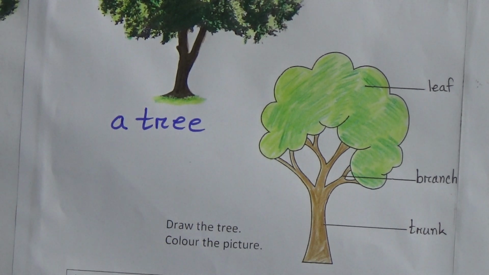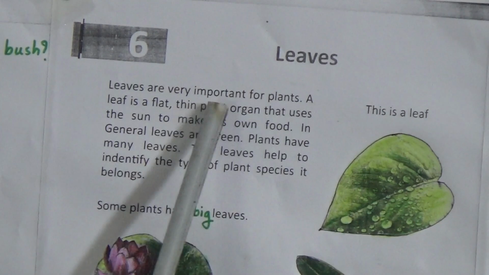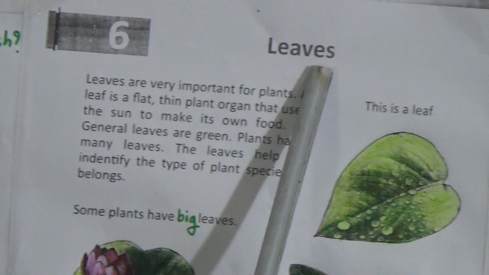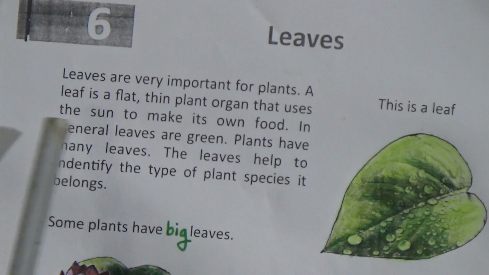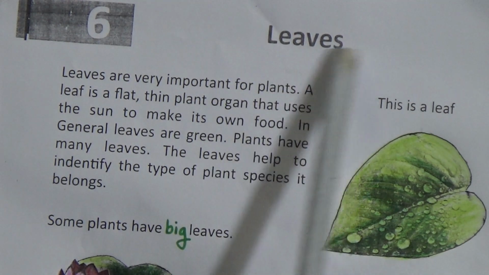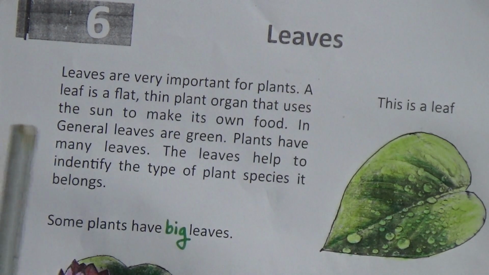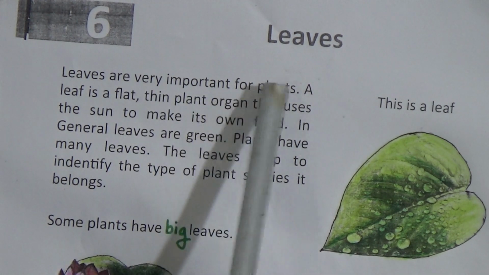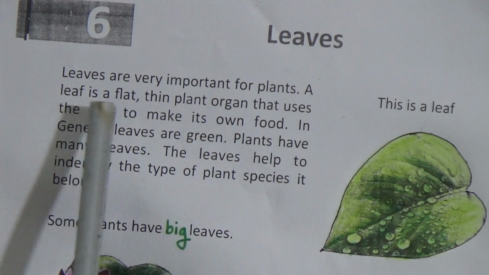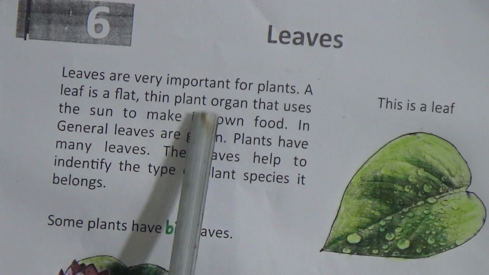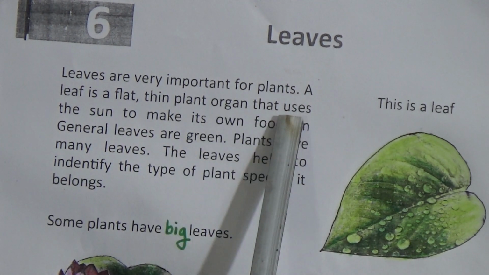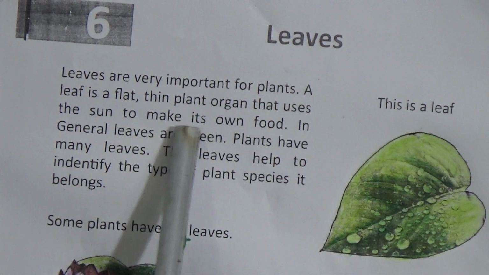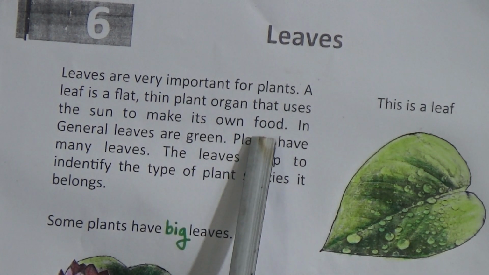Students, now we will read chapter 6, and the name of this chapter is Leaves. Now we will learn about some leaves. Leaves are very important for plants. A leaf is a flat, thin plant organ that uses the sun to make its own food.